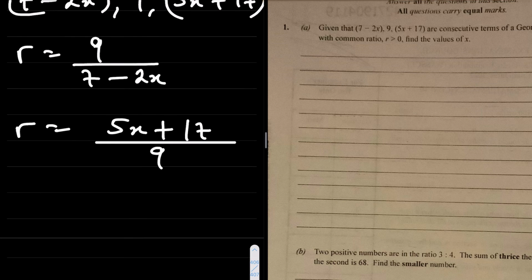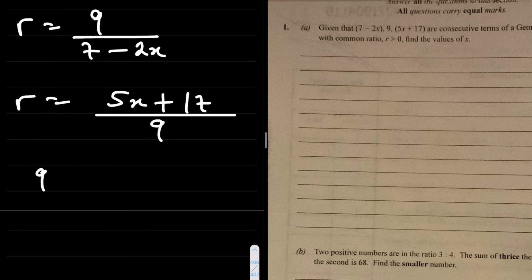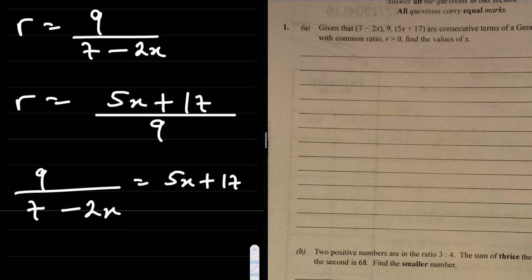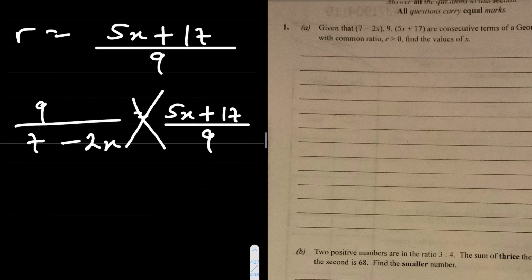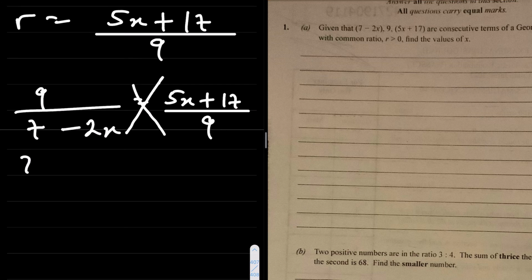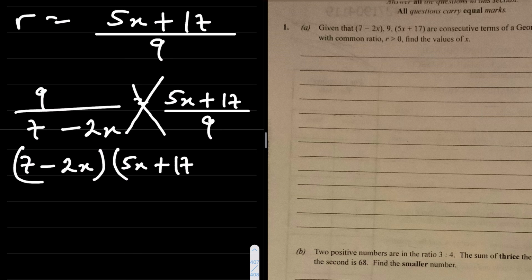So I can therefore say 9 over 7 minus 2x equals 5x plus 17 all over 9. And if I cross multiply, I'm going to have 7 minus 2x times 5x plus 17 equals 81.